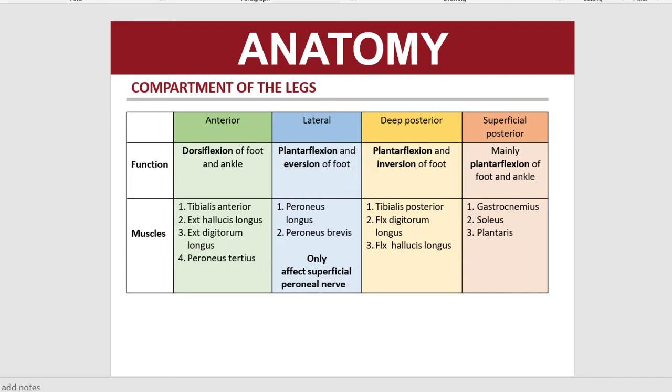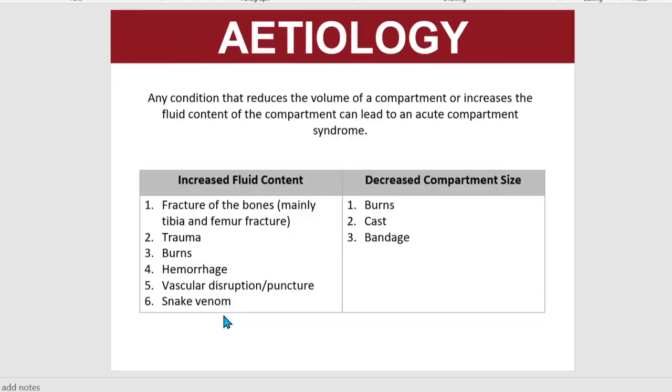Can be weakened. So, the etiology of compartment syndrome. Basically there is an increase of fluid content within the compartment, or a decrease of compartment size because of bone injury, cast, or bandage. In decreased compartment size, the fascia shrinks, while at the same time the muscles inside the fascia swell.